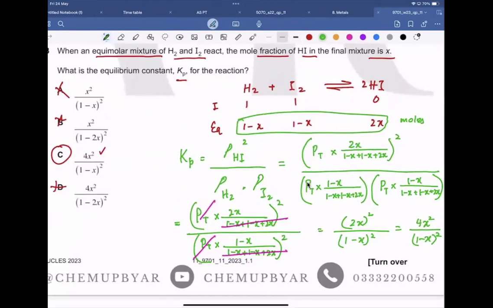Yes, I hope it's clear to all of you. So that's why I skipped all of these values and I just put them in the KP expression and solved it directly initially, okay? Because these are going to be cancelled out at the end.